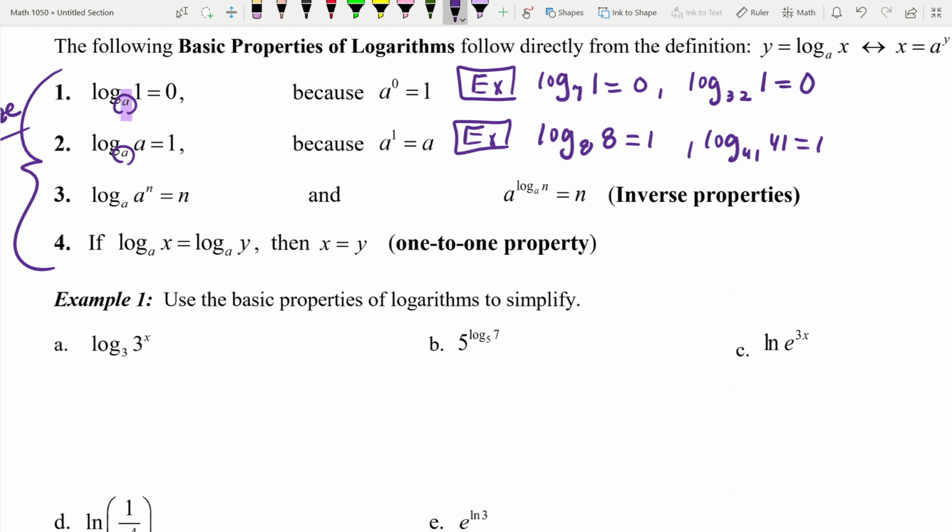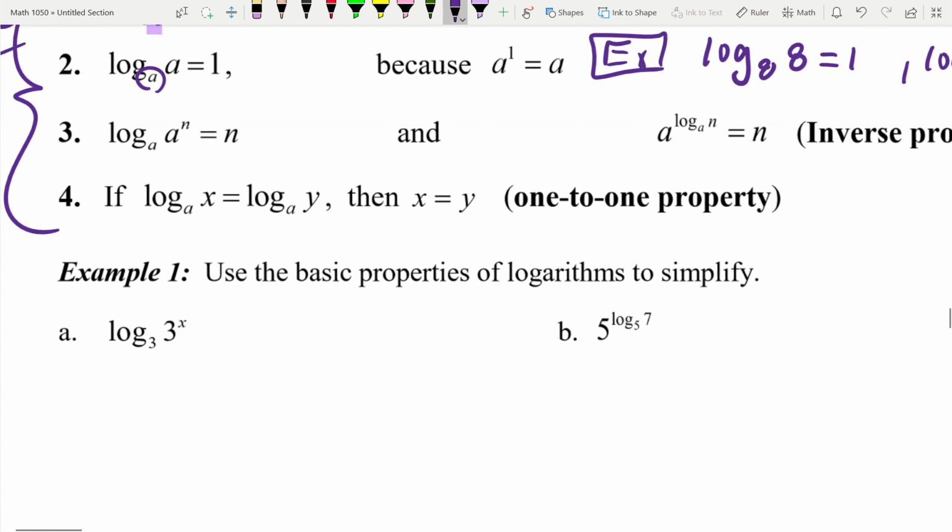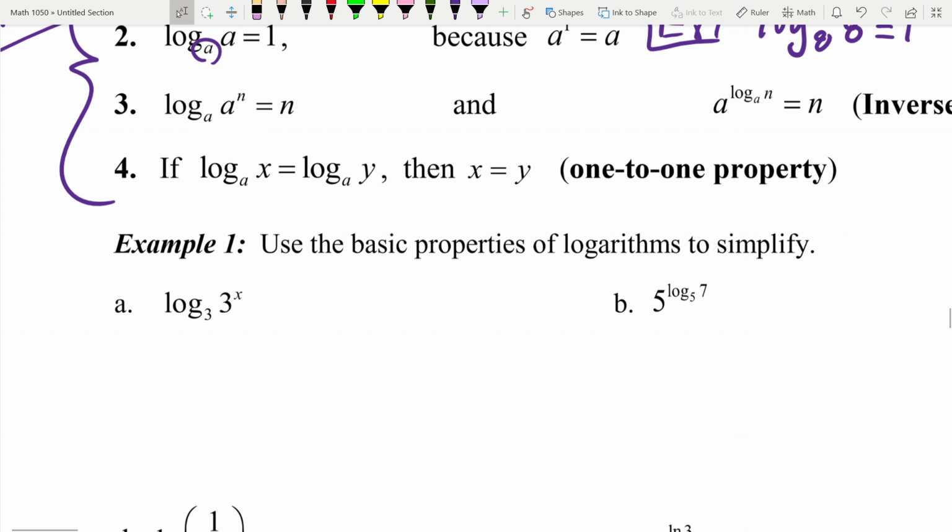Rule number 3. This is what I do to explain this and even to do it. See this exponent right here? I want you to pull that down in front. So I want you to write it as n times log base A of A. Log base A of A is a 1. 1 times n is an n. That's why you get an n.